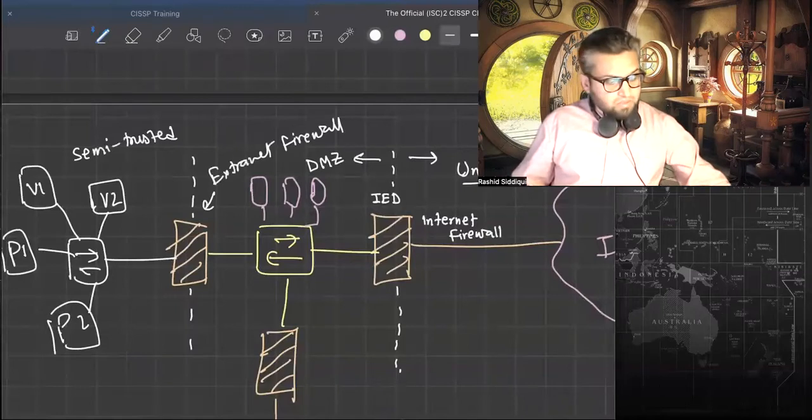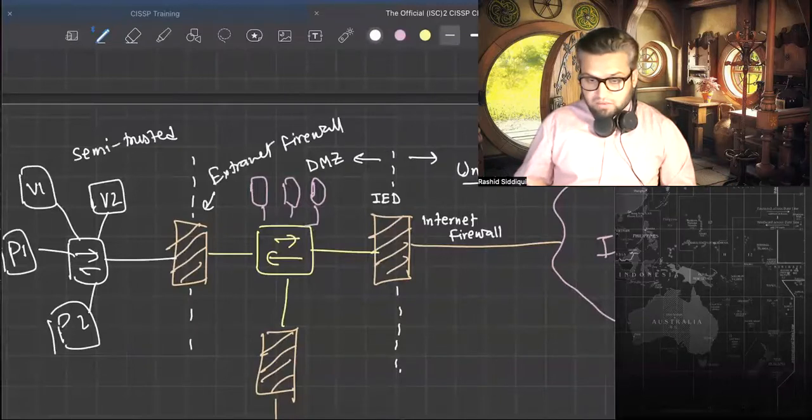Why is this semi-trusted? Because this firewall is creating a zone where at least we know who is going to come.